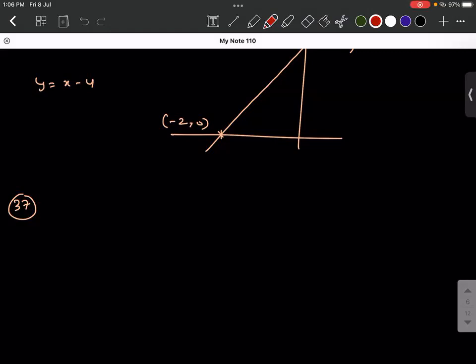So we will go for 37. If 2, 1 and 1, 0 lie on the graph x by a plus y by b is equal to 1, then the values of a and b are.